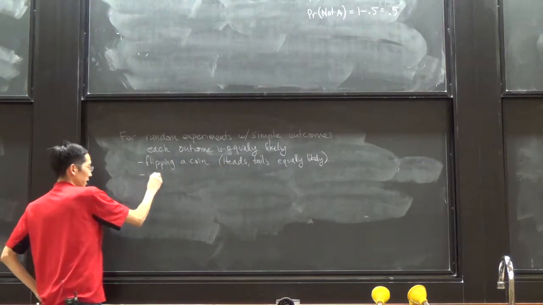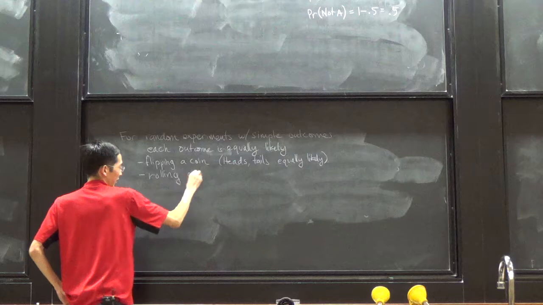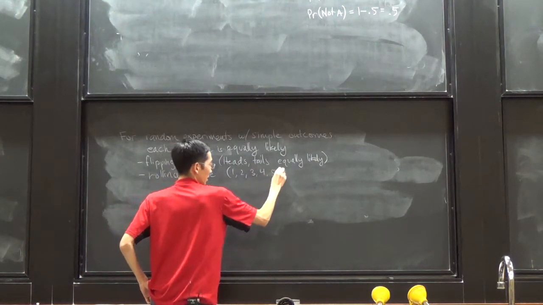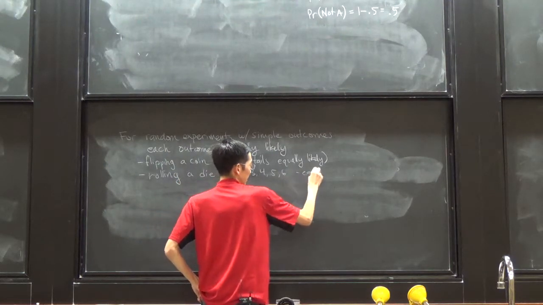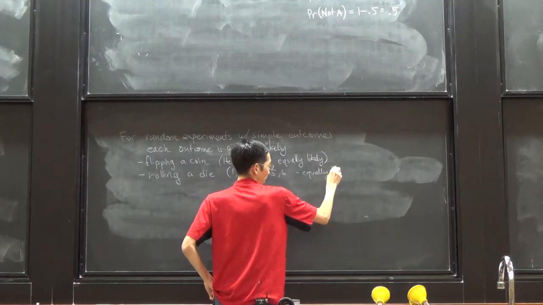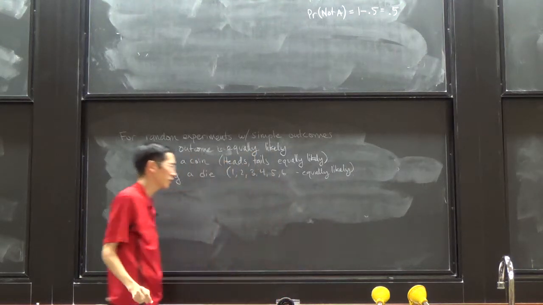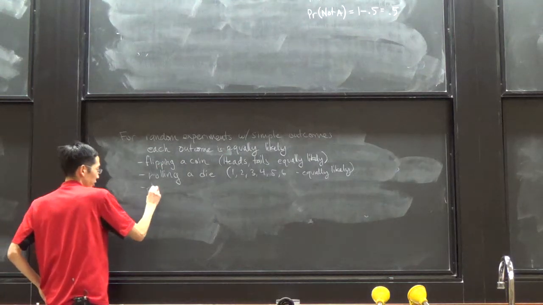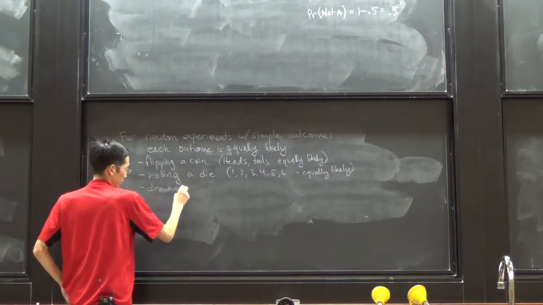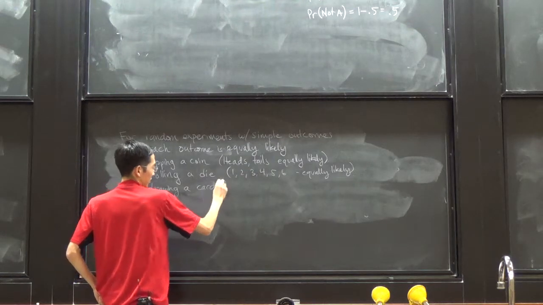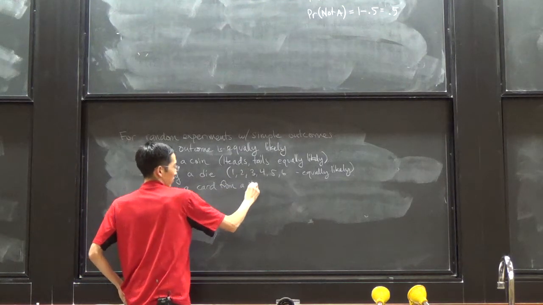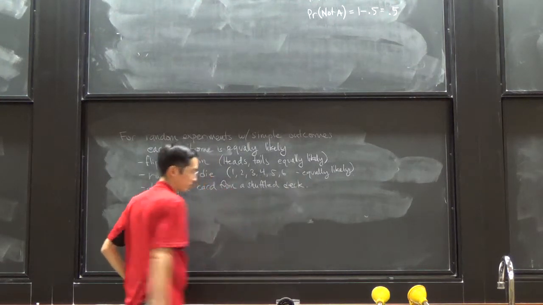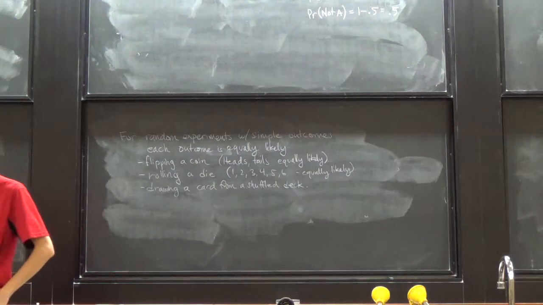Or rolling a die. 1, 2, 3, 4, 5, and 6 are all equally likely. At least they should be. Drawing a random card from a deck. Each outcome equally likely.